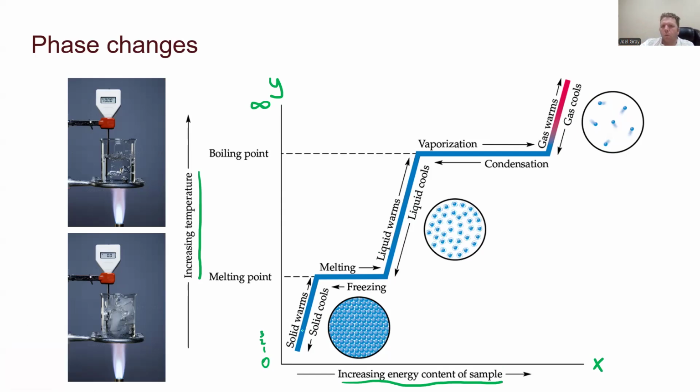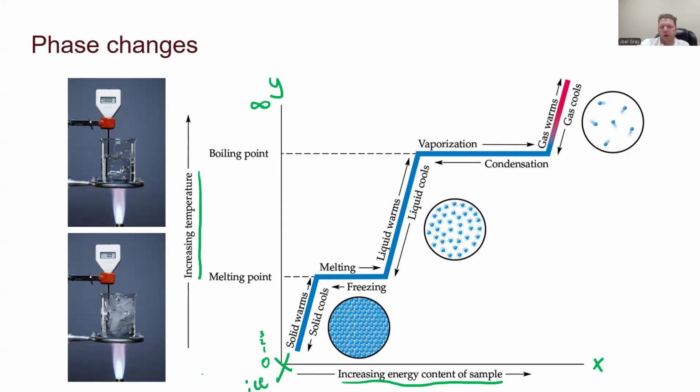Now, let's start at this origin. If we're increasing the temperature of our sample of ice, we have solid ice that's going to warm, and then at some point, it's going to melt.